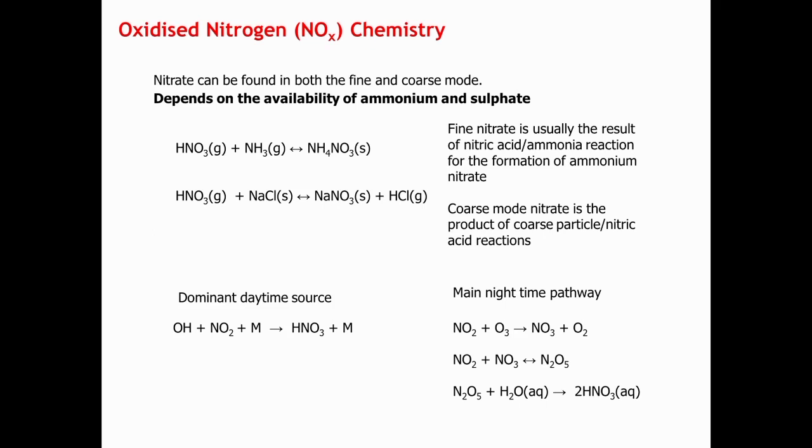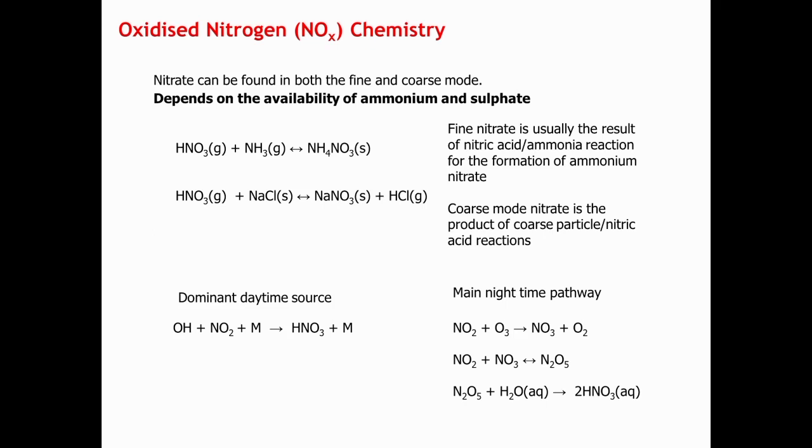How do you form nitric acid at night? If you've got no OH, NO2 reacts with ozone. What's NO3? Does anyone know what the NO3 is? The nitrate radical. Now the nitrate radical is the most powerful oxidant at night time.